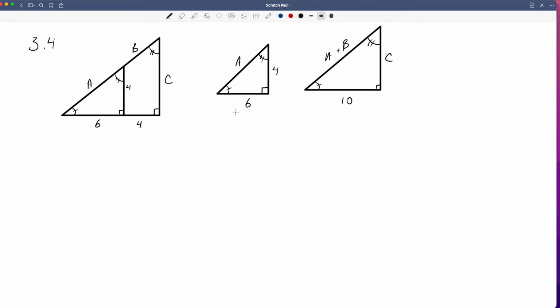It's pretty straightforward. I don't need to give myself extra letters to keep up with because I can visually see the sides line up, right? That makes it a little bit easier.